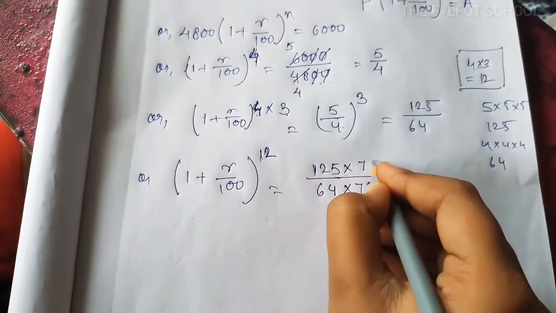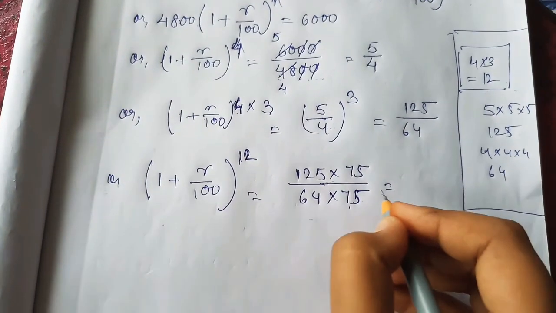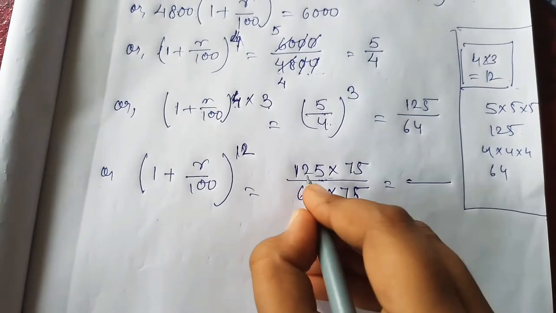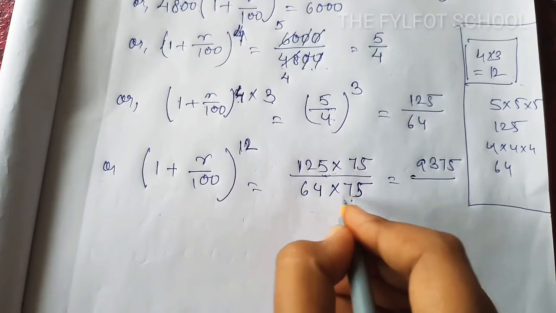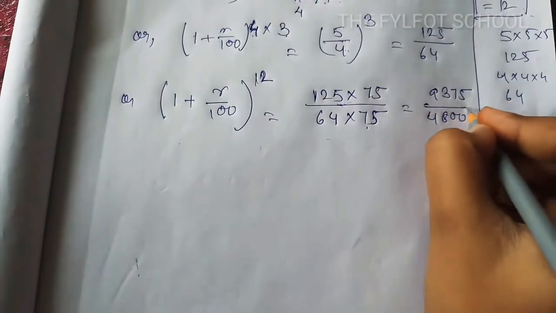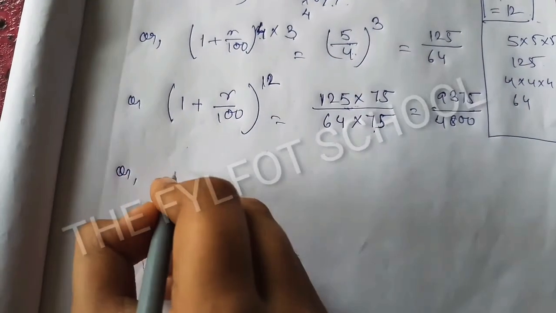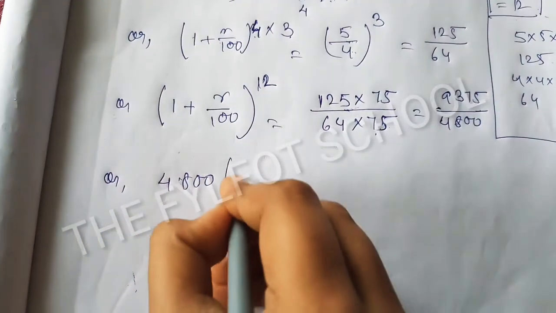So after multiplying, you will get upper 125 into 75 equals 9375 and 64 into 75 equals 4800.